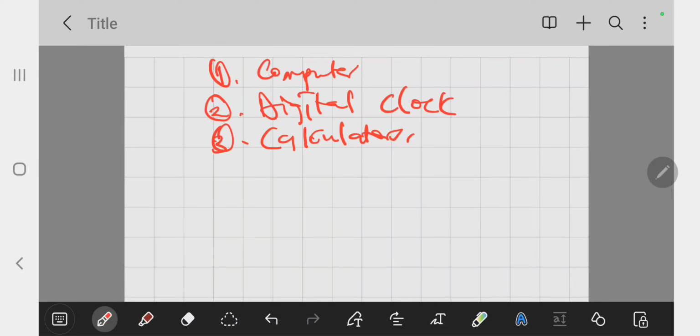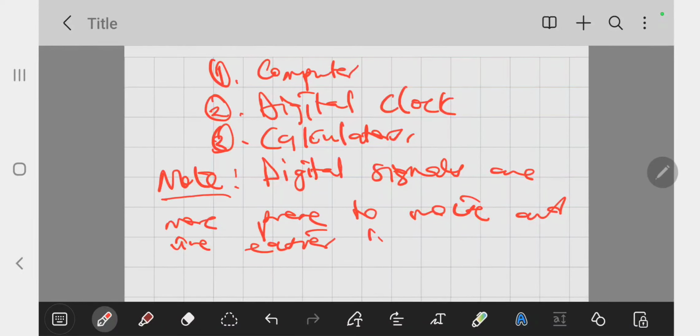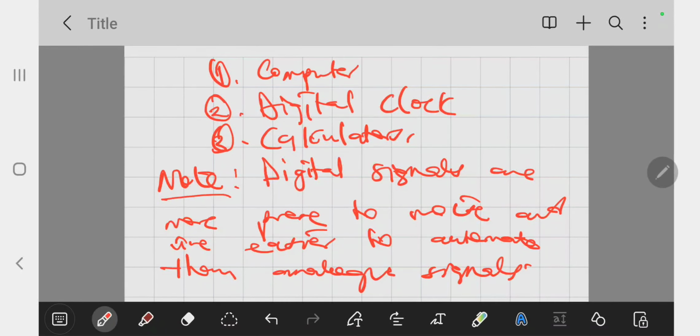But when we talk about digital signals, one thing you're supposed to note is that digital signals are less prone to noise and are easier to automate than analog signals, and you'll see why as we proceed with the course.